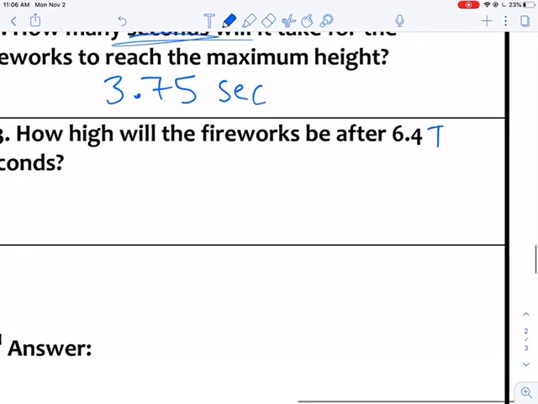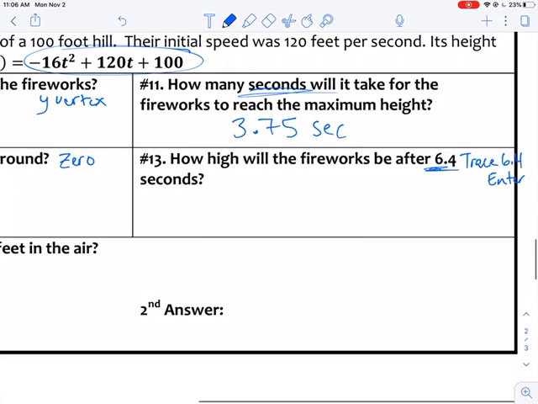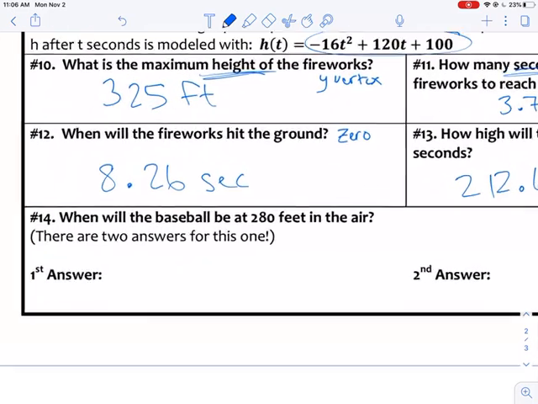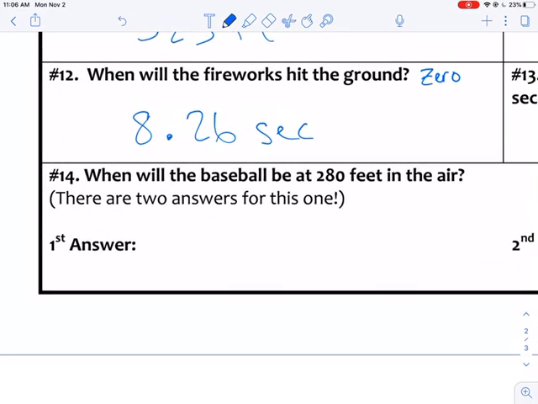How high is it going to be after 6.4 seconds? So remember, we're going to go trace, then 6.4, enter. That gives us the X value, and it's going to kick us out the Y value of 212.64 feet. If your calculator is rounding differently, that is a-okay.